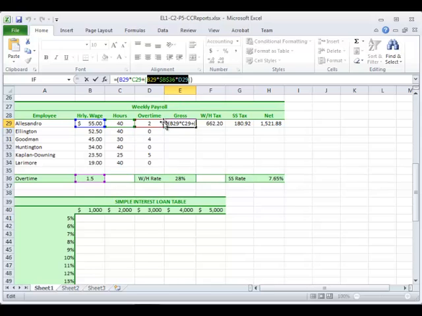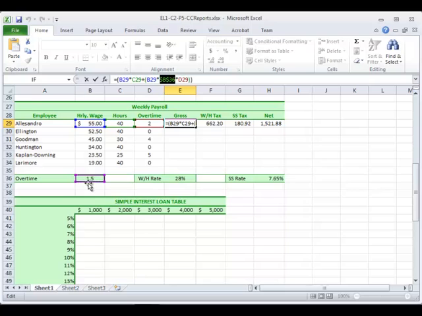and multiply that by D29, that's the number of hours, and then we use an anchored cell reference, the absolute cell reference B36, which is this one. So that's the overtime rate. So for overtime, the employees get 1.5 or 150%.